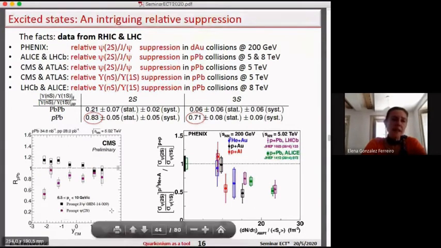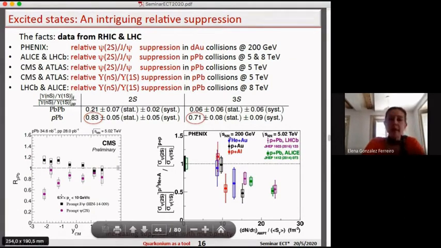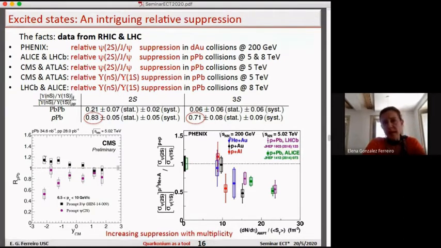And you can see that in the backward rapidity region, there is an extra suppression of the excited state. Those black points correspond more or less to the results I showed you in the previous slide that were nicely reproduced by the nPDF modifications.